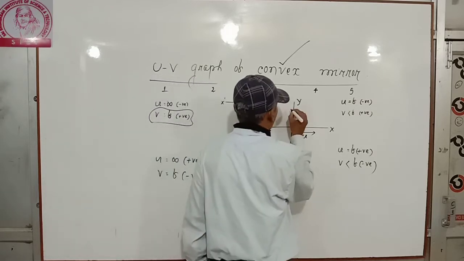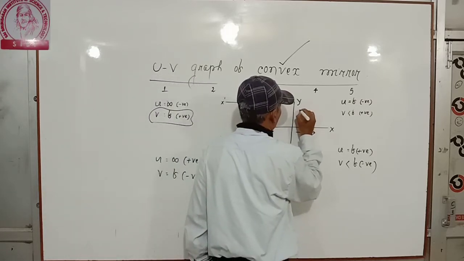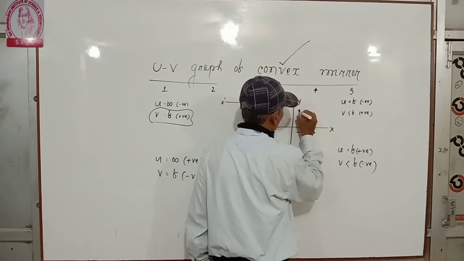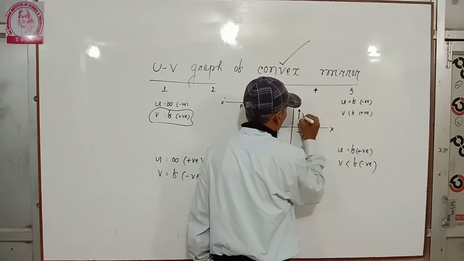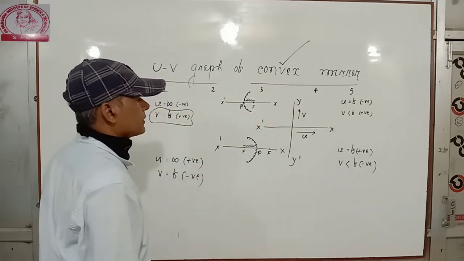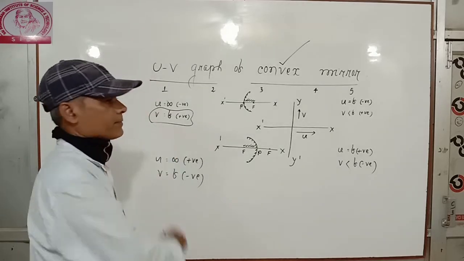The y-axis represents the image distance. First we have to choose the quadrants.